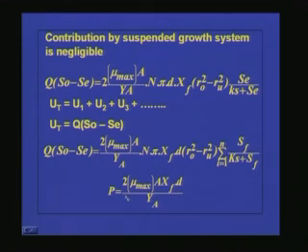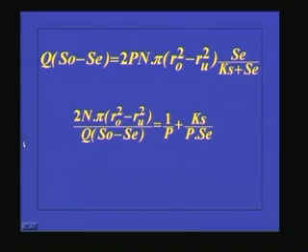So if you replace all these parameters with a factor P, it will take care of the total cross section, the total area on which the biomass is growing, the thickness, then Ya and mu max are the constants. Then we will be getting the equation like this: Q into S naught minus Sc, that means the total organic matter removed in the system, is equal to Q into P into N into pi into R naught squared minus Ru squared into Sc by Ks plus Sc.